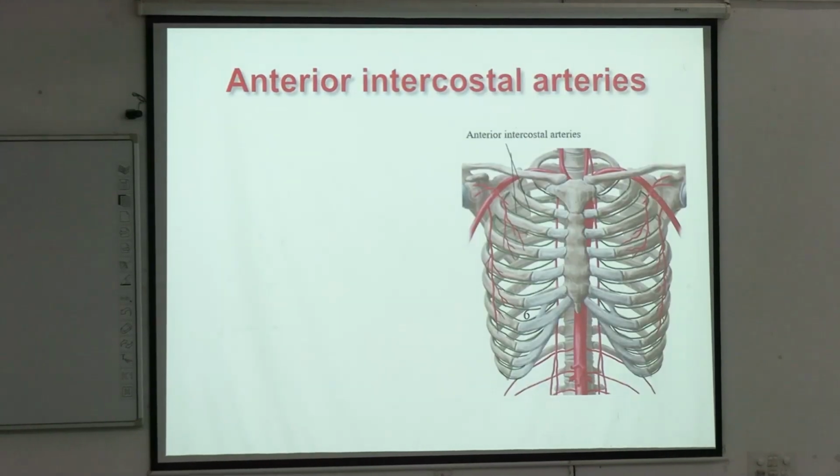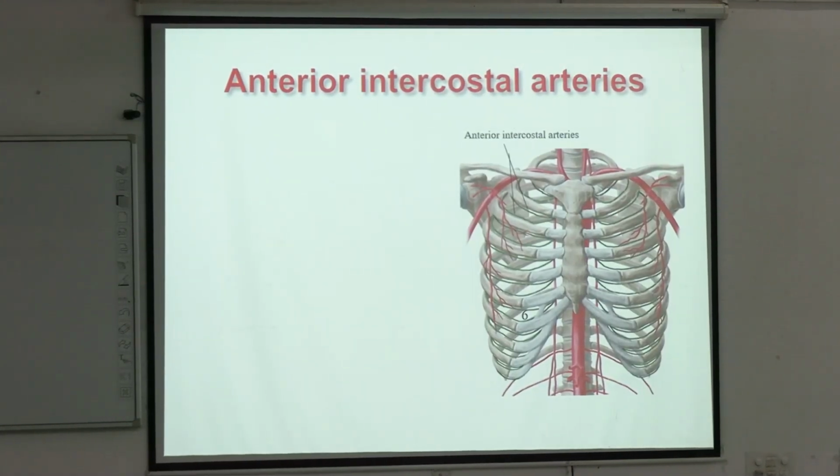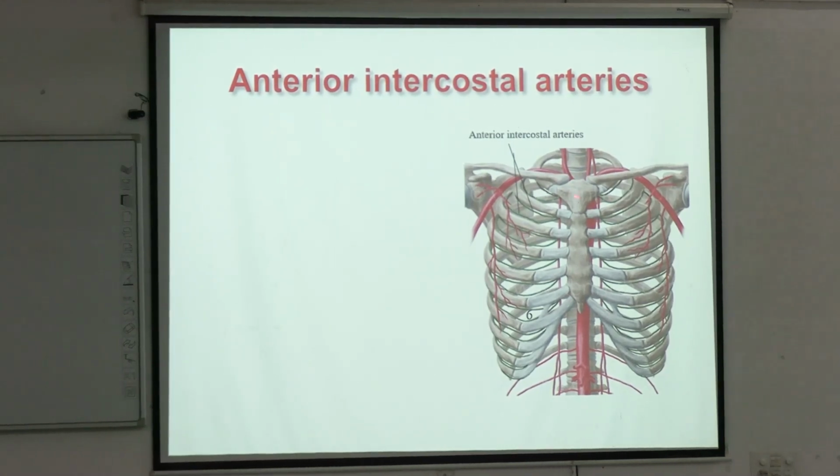Now, coming to the anterior intercostal artery. The anterior intercostal arteries are paired and come from an artery which is hanging down by the side of the sternum. By the side of the sternum we see an artery going down in a straight way. We call this artery the internal thoracic artery.